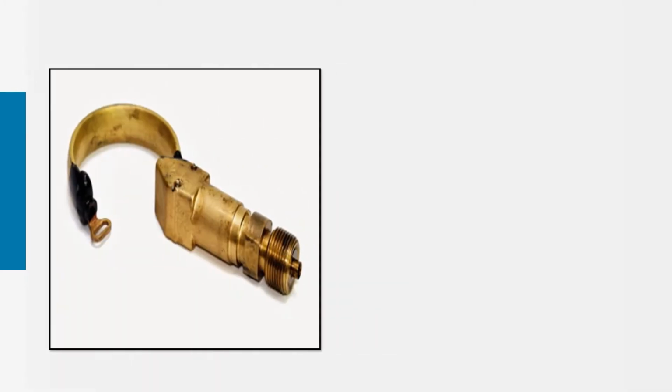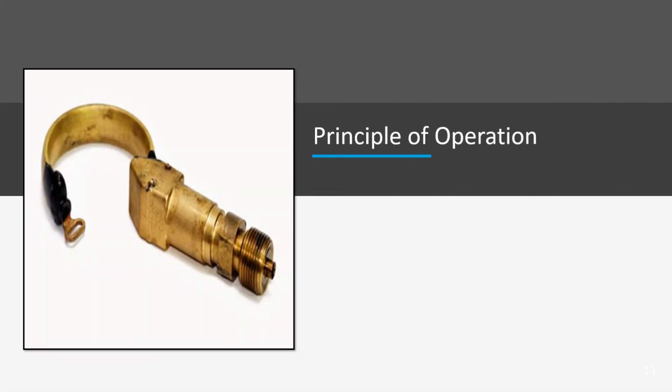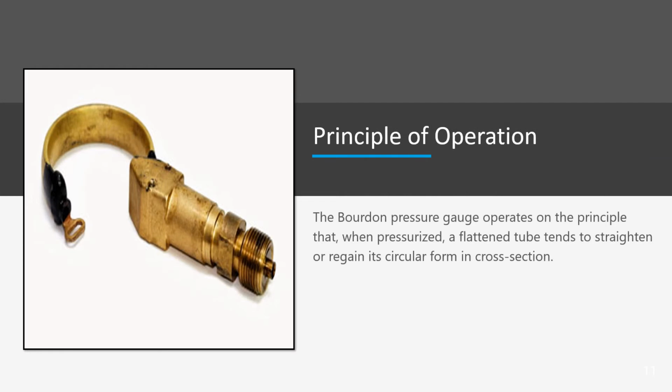So here we have the principle of operation. How does a Bourdon tube work? The Bourdon pressure gauge operates on the principle that when pressurized, a flattened tube tends to straighten or regain its circular form in cross section.